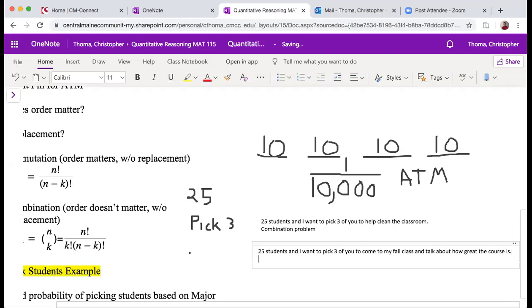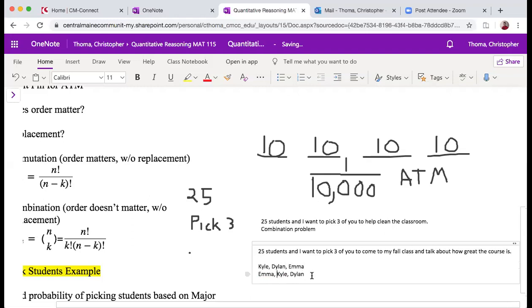So, for example, if we pick Kyle and Dylan and Emma, in that order, that means Kyle's the primary, Dylan is the backup, and Emma is there in case you two fail. Now, if I change the order, Emma could be first, followed by Kyle, then Dylan.